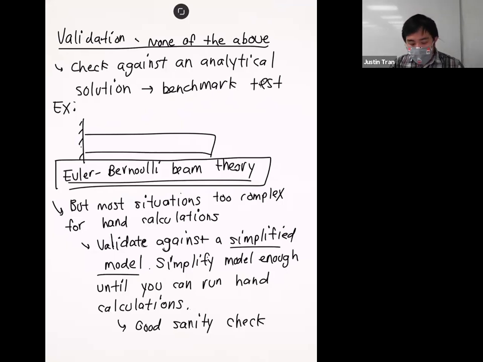The whole idea with this, and this might seem kind of silly, is that if we're going through the trouble of doing finite elements, why are we doing hand calculations when they're going to be cruder anyway? The whole idea with any kind of validation is to diversify your sources of information. A lot of people get into the trap where they run a finite element simulation and think that it's gospel, that it's the truth.